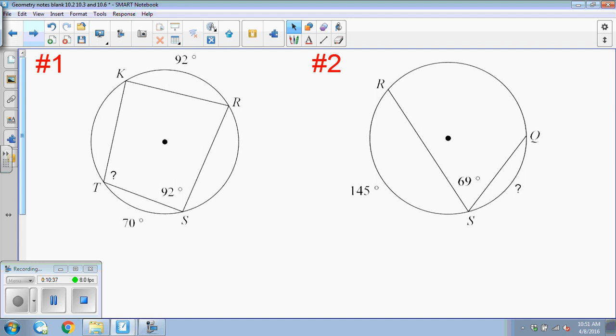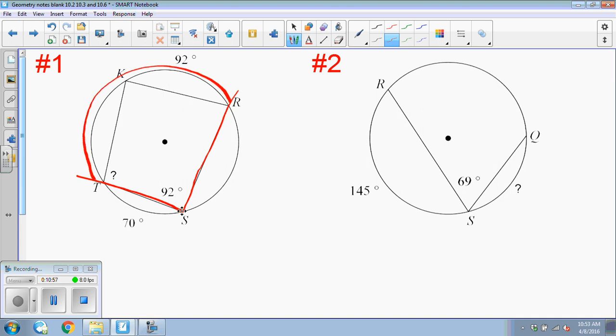These are a couple of examples like the homework I'm going to give you. So they give us this angle. It creates this whole arc here. If this is 92, the arc has to be double that.